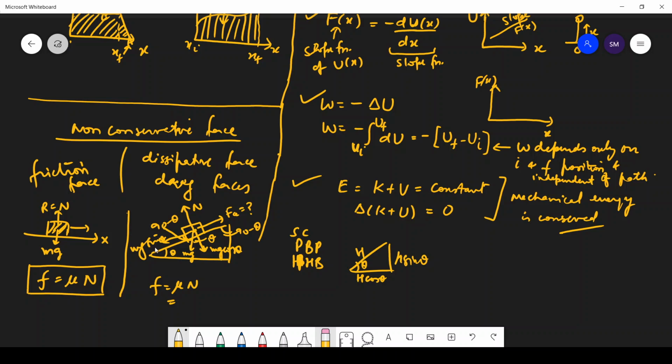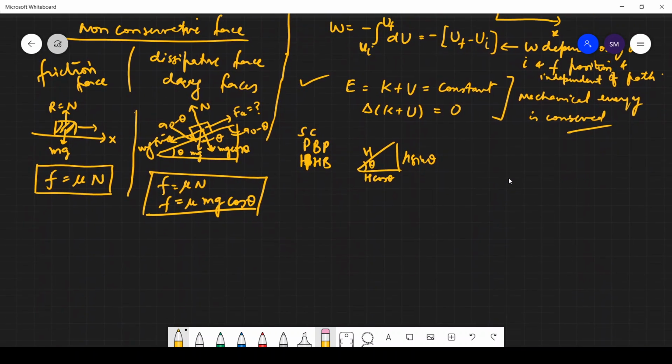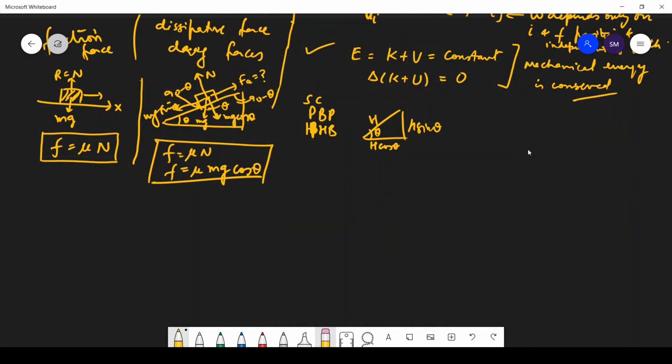Whatever velocity it started with, the same velocity will be here also. So students, don't get confused. Applied force will be equal to this force. You are moving it up with no acceleration. Now this is equal to mu into mg cos theta. So this is what the friction force is in this case. So we have just revised whatever we have done till now.